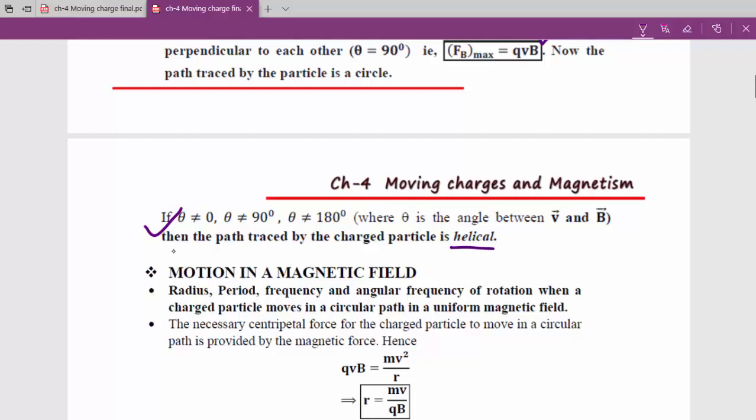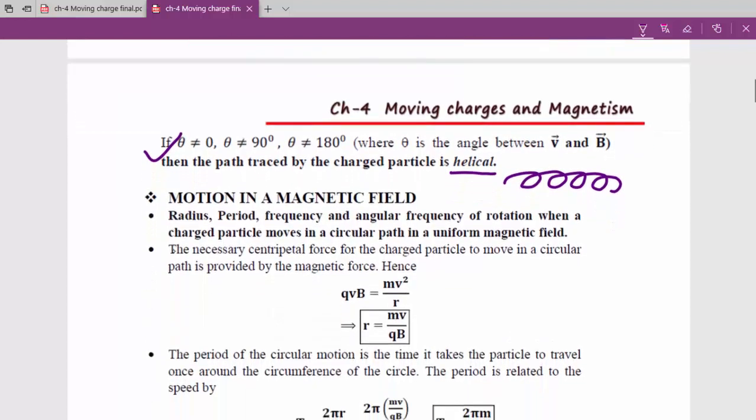You can see helical path. When theta is other than 0, other than 90 and other than 180, then the charged particle experiences a helical path. See, I am drawing the helical path here. This is the helical path experienced by the charged particle. So, circular path for 90 degree, helical path for angles other than 0, 90 and 180 degree.